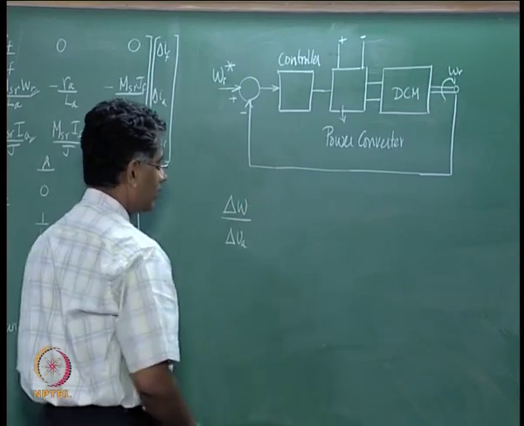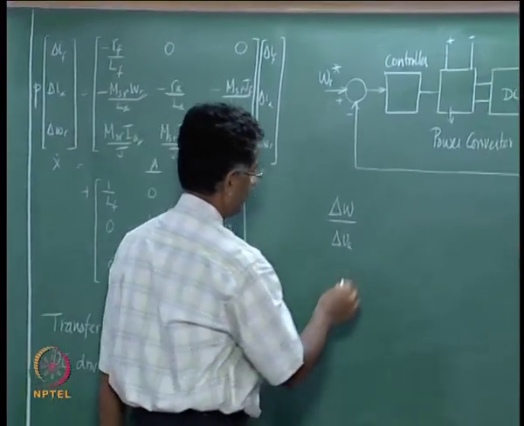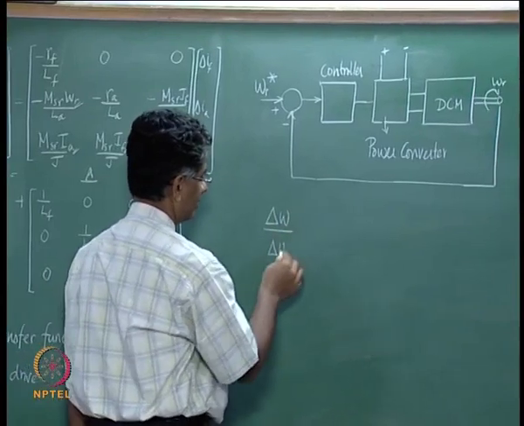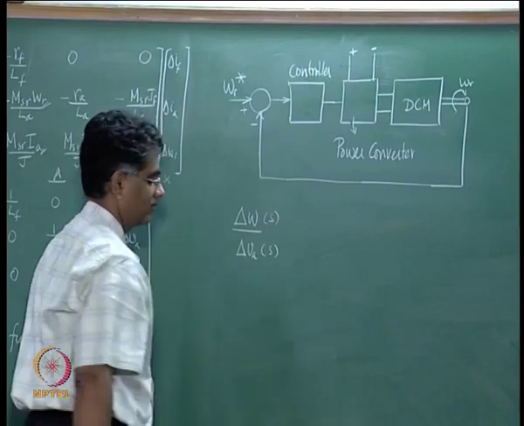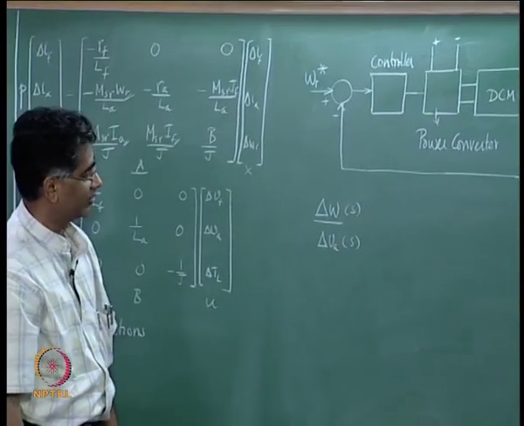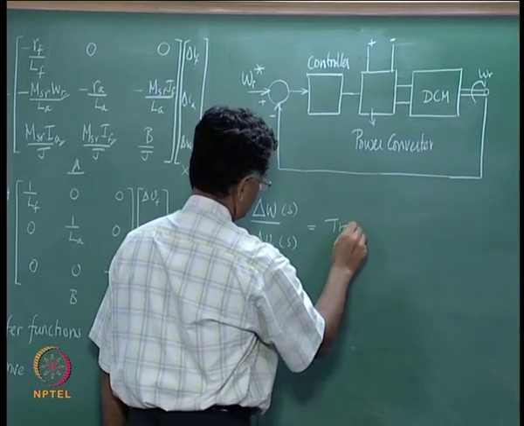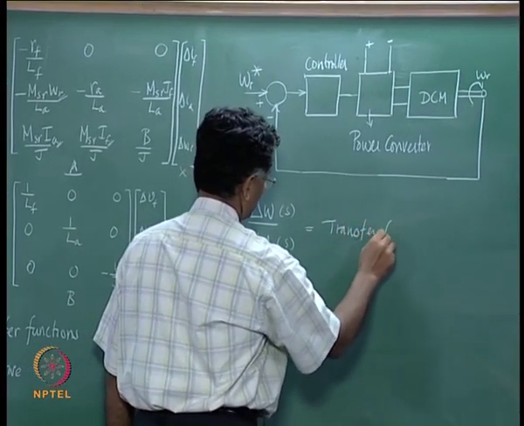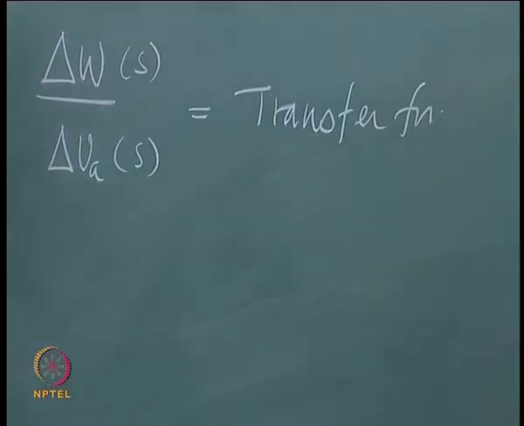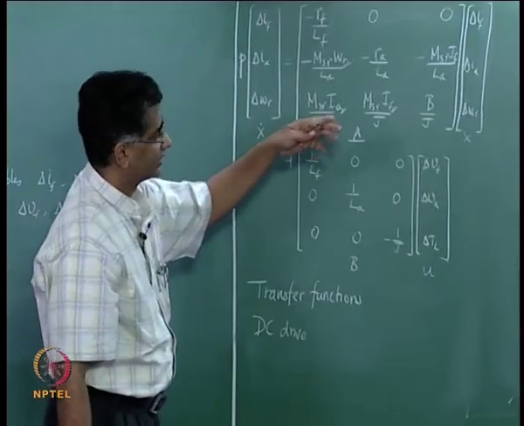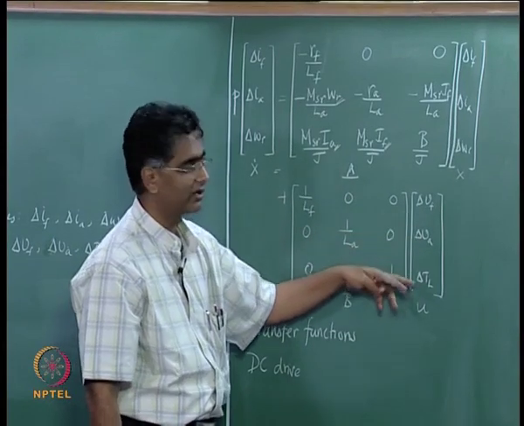This is normally done in the Laplace domain, as you would have seen in the earlier subjects on control systems. So you have delta omega of s, as a function of the Laplace variable s, divided by delta VA of s. This then gives the transfer function between speed and VA.